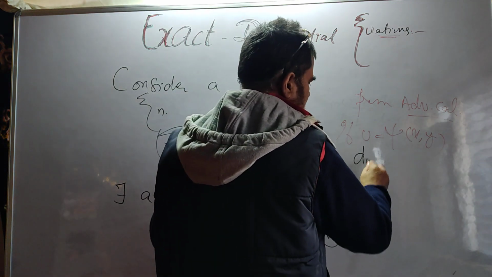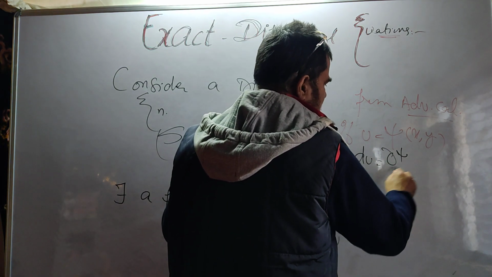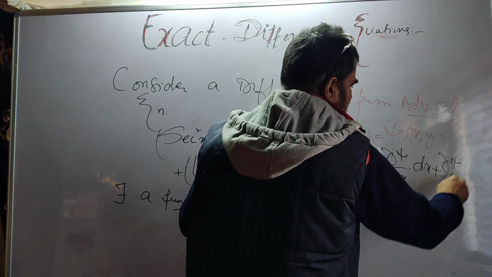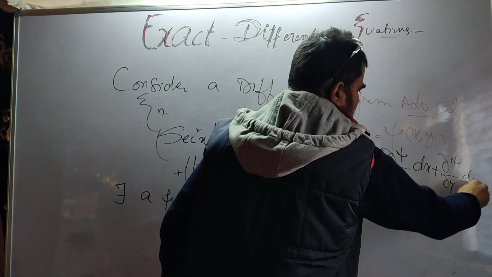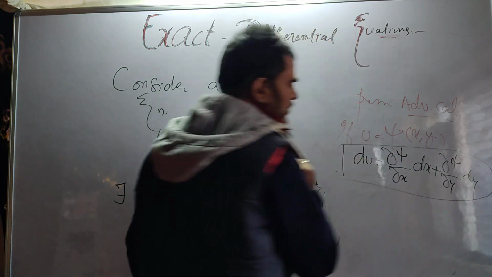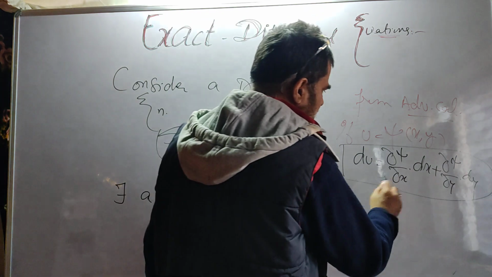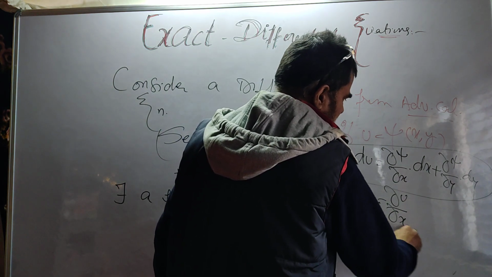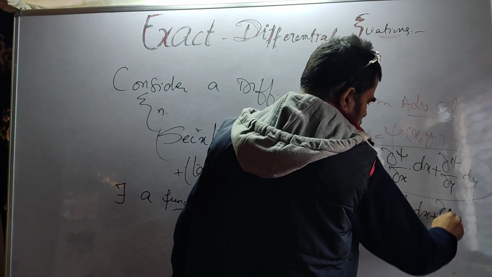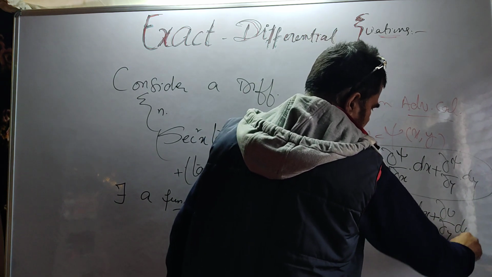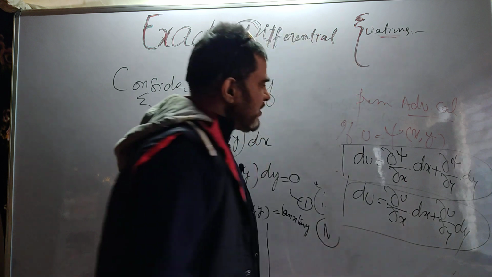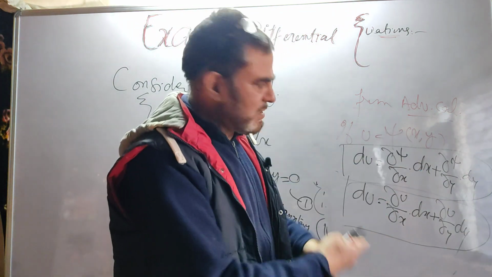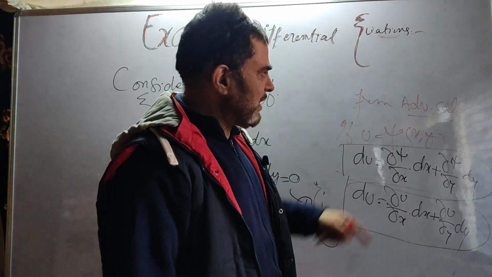You write du as partial of psi with respect to x into dx plus partial of psi with respect to y into dy. It is the fundamental theorem on total differential. You can also write du is equal to del u by del x into dx plus del u by del y into dy. If you have a function of three variables x, y, z, then you can extend this theorem. This is the theorem from advanced calculus.